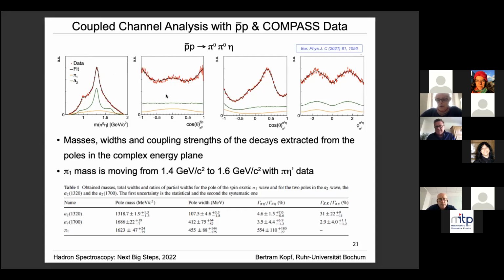How sensitive are you to the fact that in most cases the data that you will analyze later will not have the full space coverage? Yeah, but for the PANDA data, this will be available then, because this is a 4-pi detector, so the complete angles are covered. So PANDA will measure it exclusively. So it is possible to perform a fit in the complete phase space.